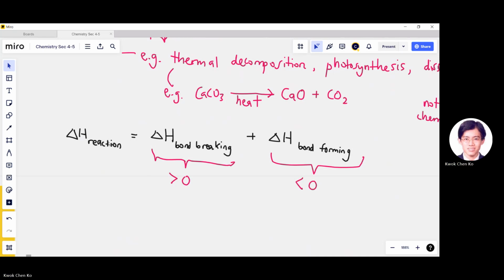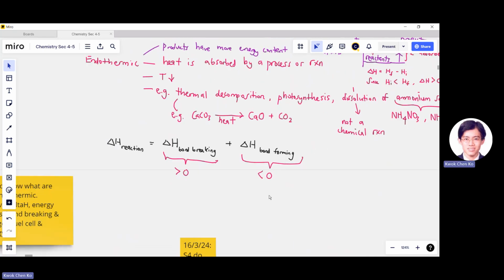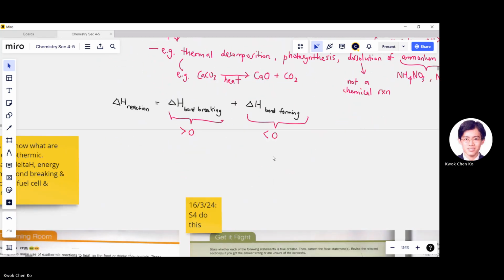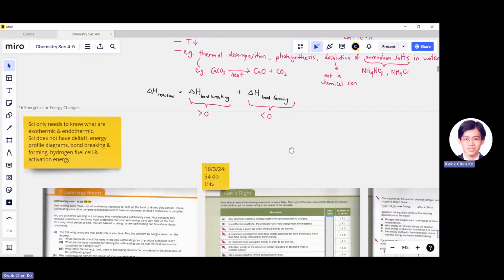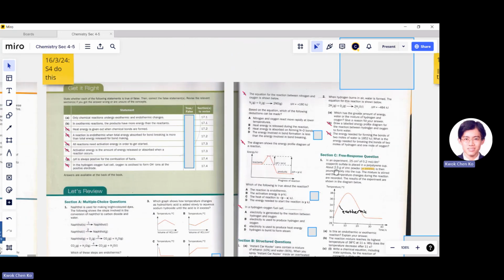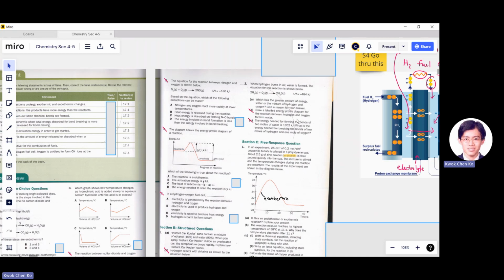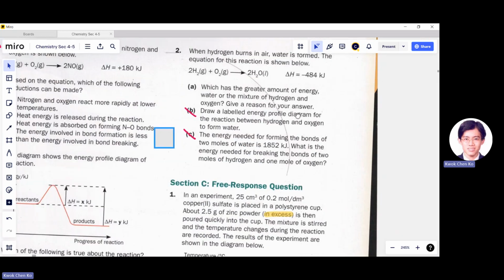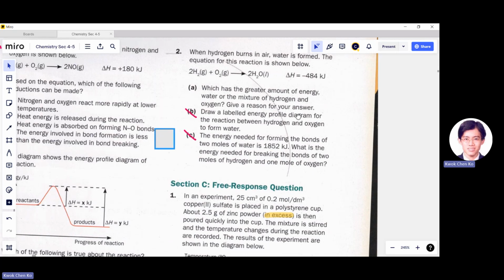Bond forming is 1852 kilojoules, plus bond breaking equals negative 484 kilojoules.